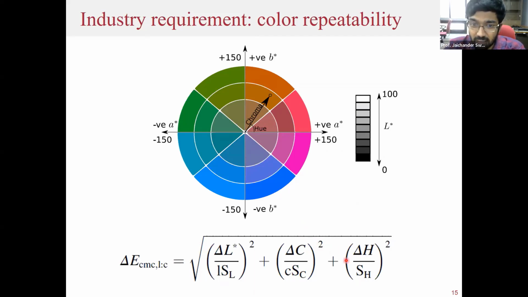If this color difference, delta ECMC, is less than 1, it is often considered that sufficiently good color reproduction has happened from an industrial perspective.